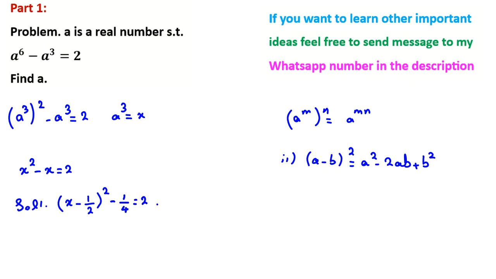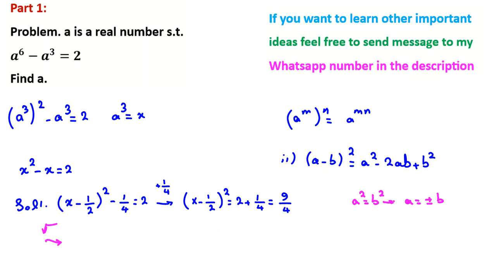It will be 2. And then in the second solution, we use the quadratic formula. So x minus 1 half squared equals, if we add 1 over 4 to both sides, 2 plus 1 over 4. And it will be 4 times 2, 8, plus 1, 9, so 9 over 4. Now in the next step, we can take a square root. If a squared equals b squared, then you can conclude a equals plus or minus b.